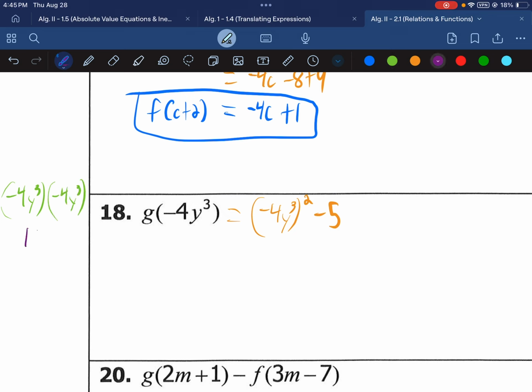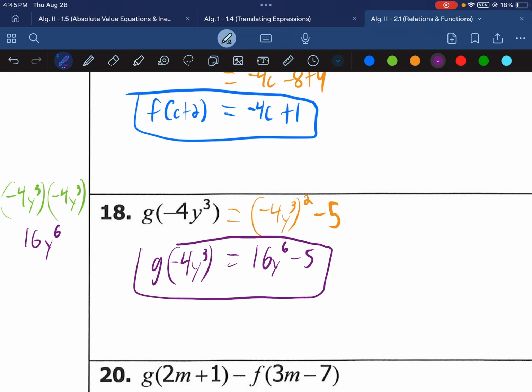Negative 4 times negative 4 is 16, and y cubed times y cubed, when you multiply the same base, y, you add the exponents, and we get y to the 6th. So we don't change the exponents when we add and subtract, but we do change the exponents when we multiply and divide. So this ends up becoming 16y to the 6th minus 5, and that cannot be combined, so we get g of negative 4y cubed equals 16y to the 6th minus 5.